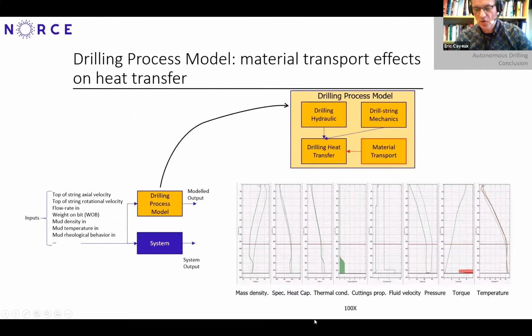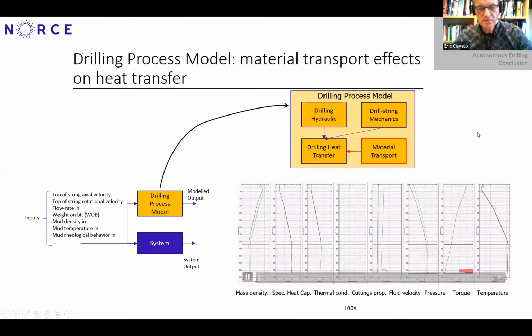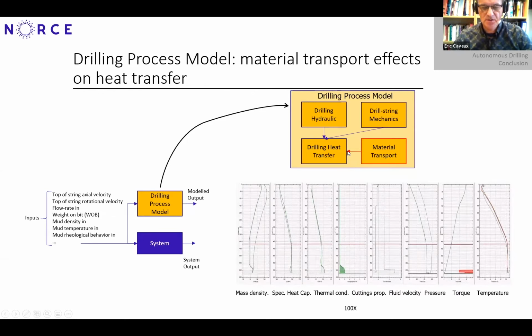And therefore it will influence the actual temperature evolution while we are simulating this operation. So material transport is also an important aspect. To do this drilling heat transfer calculation, we need to consider the side effects of these other types of mechanisms, both hydraulic mechanics and material transport.